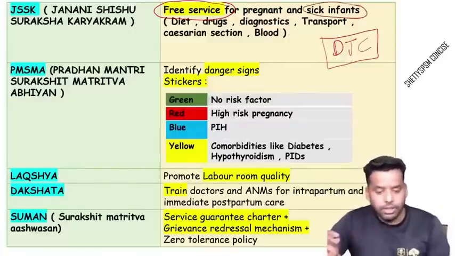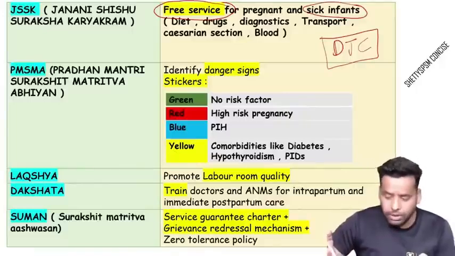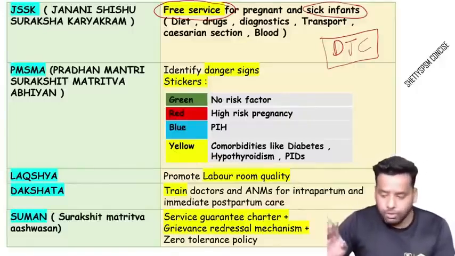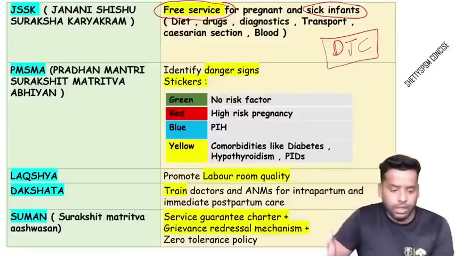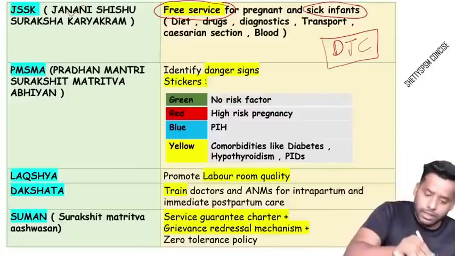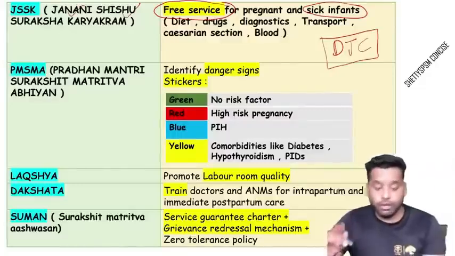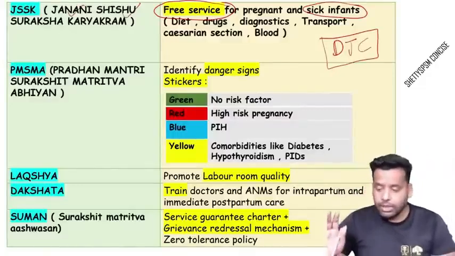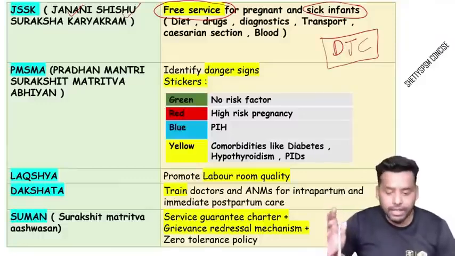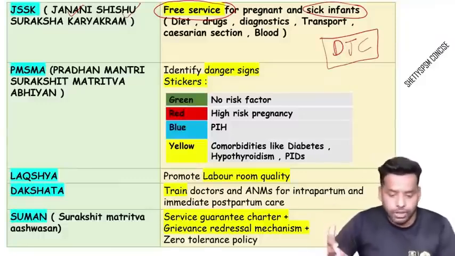Along with the mother, the infant will also get something. There is nothing for the husband, father and all. Remember the words properly: Janani Shishu Suraksha Karyakram. The mnemonic is DTC, Delhi Transport Corporation.